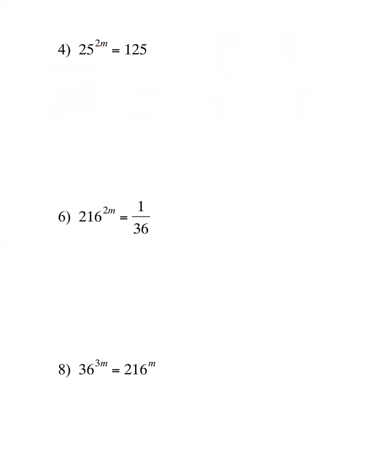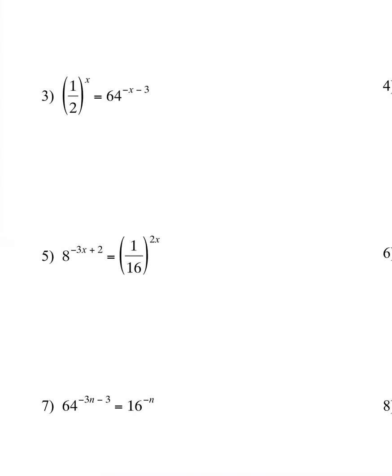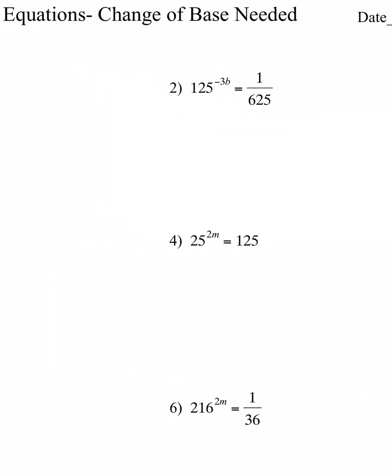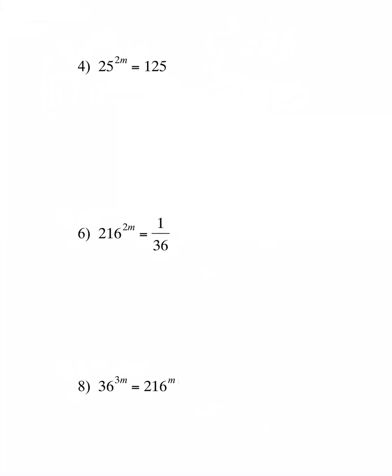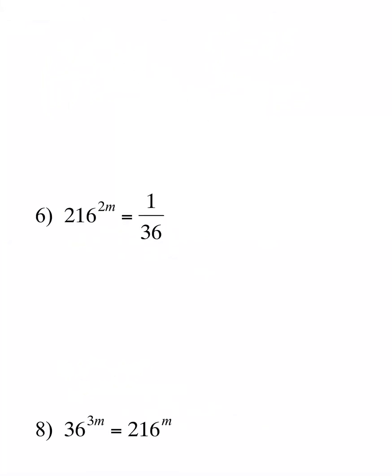All right, so let's see how 3 is. 3 is a bit much yet. Let's do 6 next. Okay, so taking a look at 6. I'm thinking about 216 and 36. Don't worry about the 36 being in the denominator just yet.